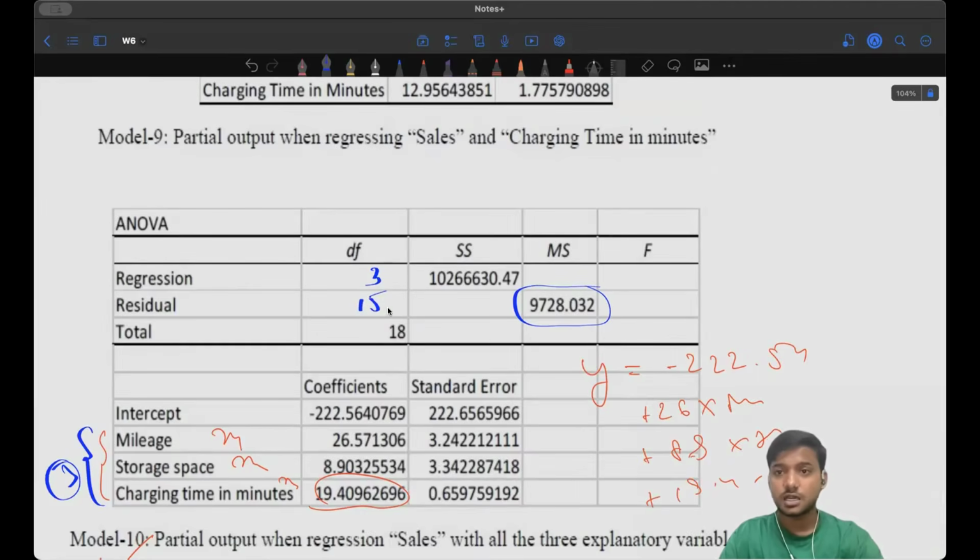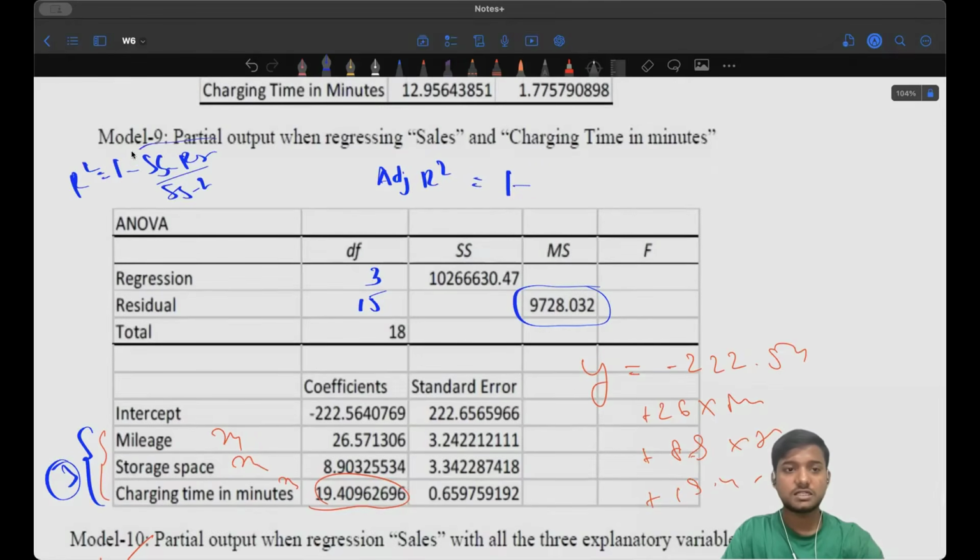How do we find adjusted R square? So if you rearrange stuff a little bit, adjusted R square is what? 1 minus R square. If you remember, R square was 1 minus SS residual by SS total. So 1 minus R square is basically sum square residual by sum square total. I'm just rearranging the formula of R square. What did we have for adjusted R square? We had this whole thing, 1 minus R square, right?